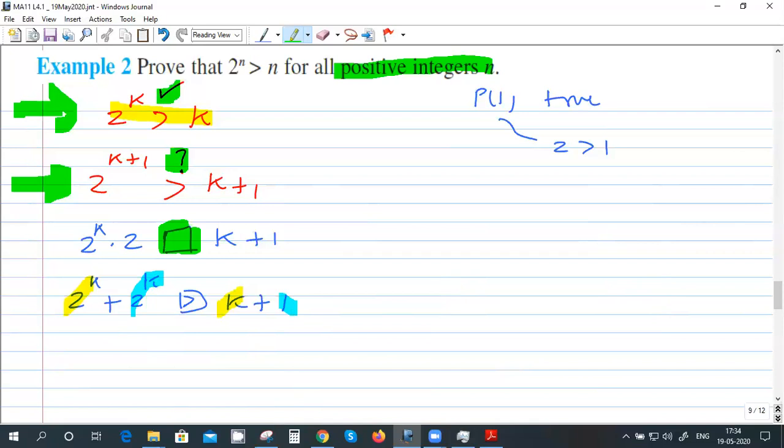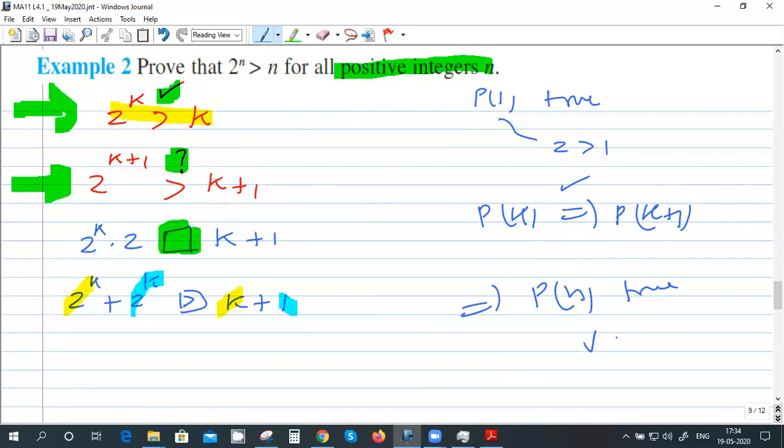So this is proved now. P of 1 is true, and I have shown that P of k implies P of k plus 1, which implies P of n is true for all n an element of positive integers.